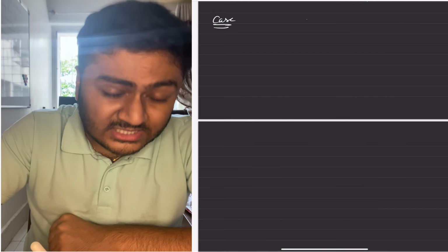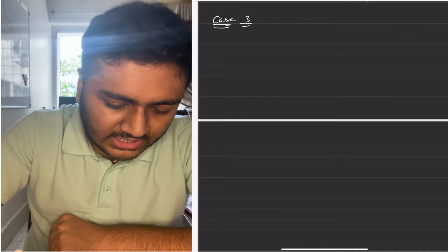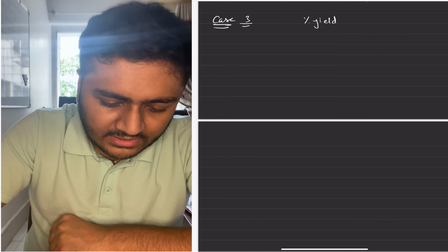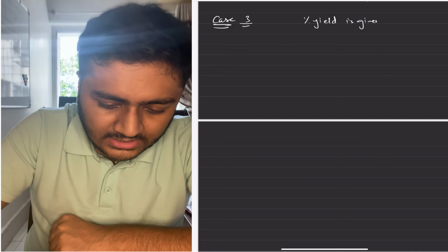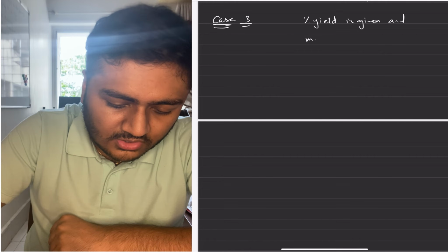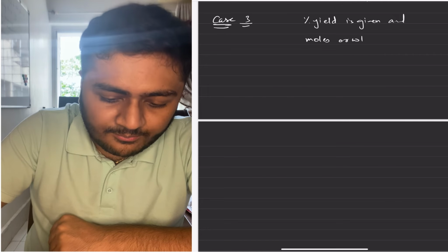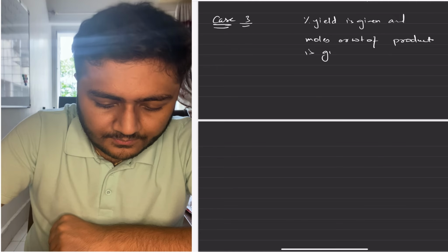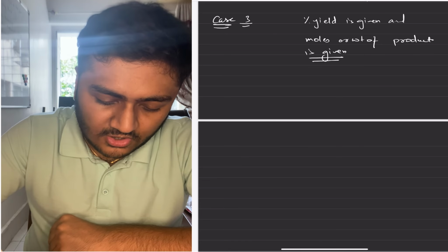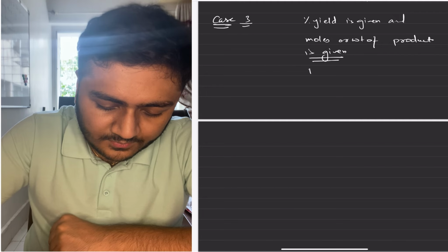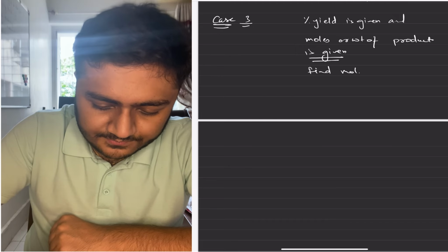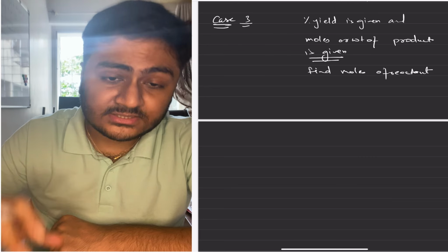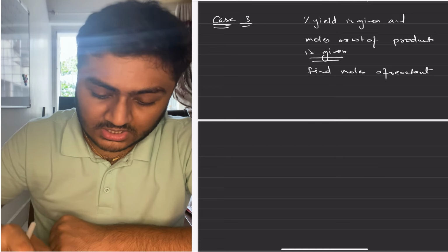In this particular case, they usually give you the percentage yield, and the moles or weight of the product, and it is asked of you to find the moles of reactant.